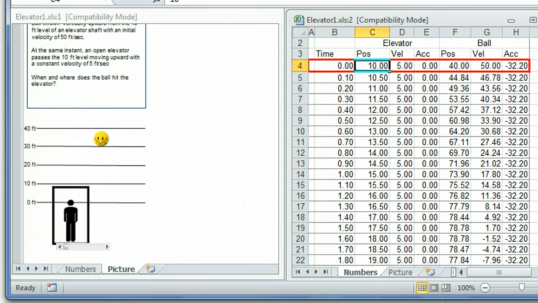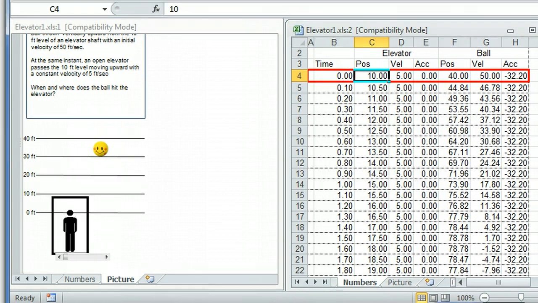Let's scroll down just a little bit so you can see the equations up here, in the formula bar. So there's our initial position, our initial velocity, acceleration, and then we've written equations that are our equations of motion for these, based on delta t, acceleration and initial velocity.